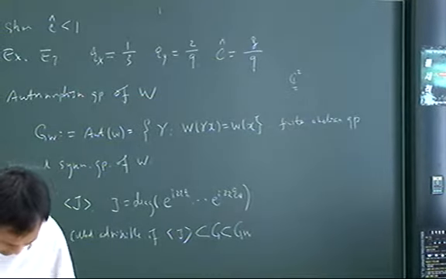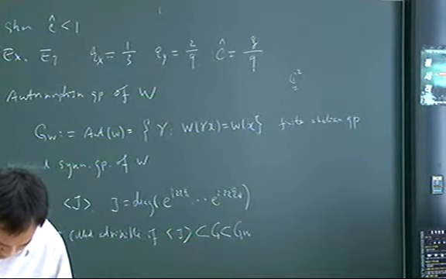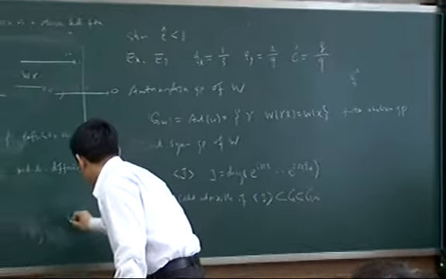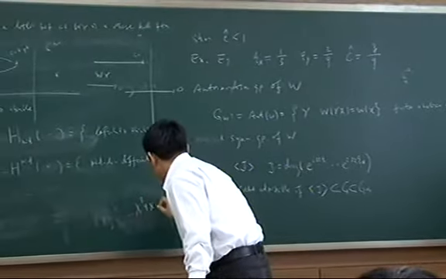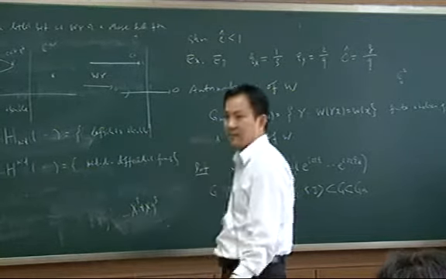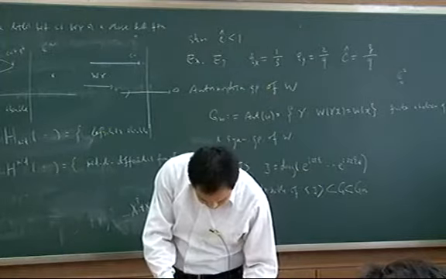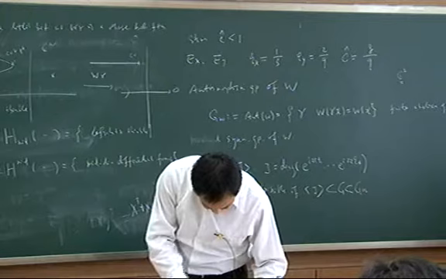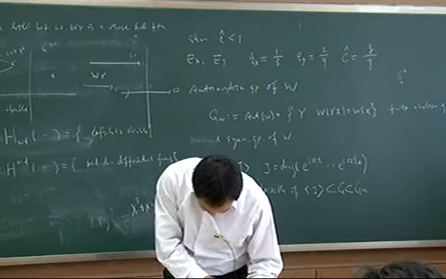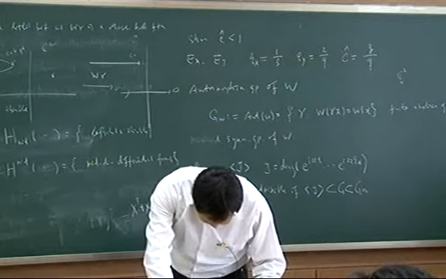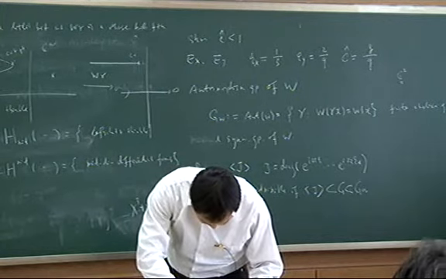The normal form for E7 is x cubed plus x y cubed. Right. Let's see the computation for E7.